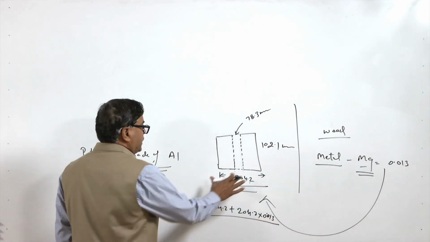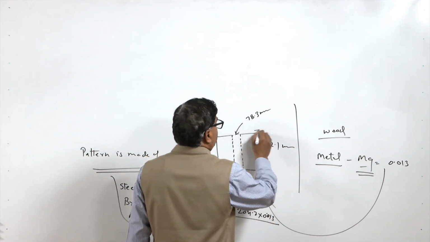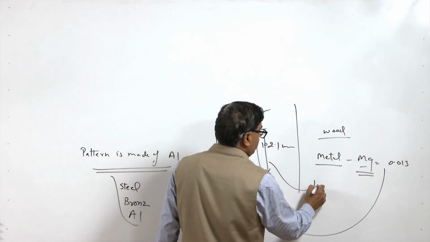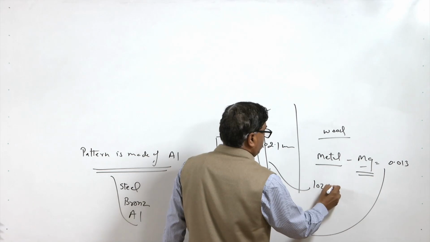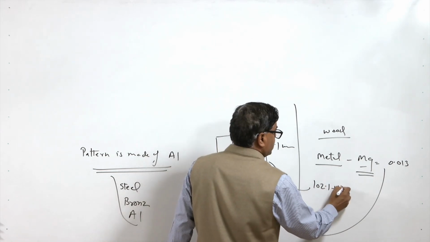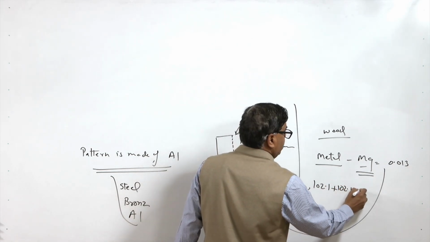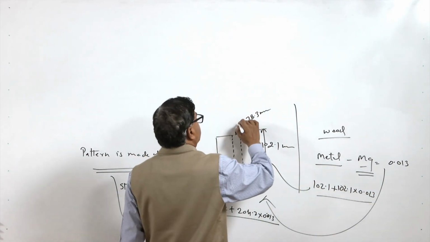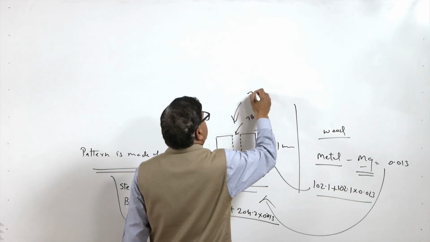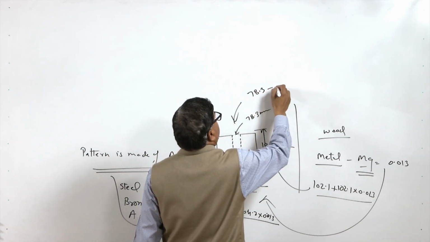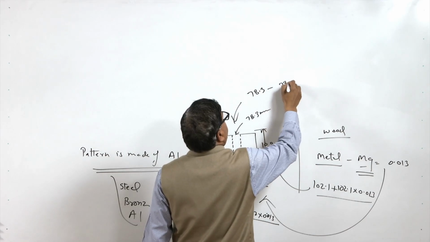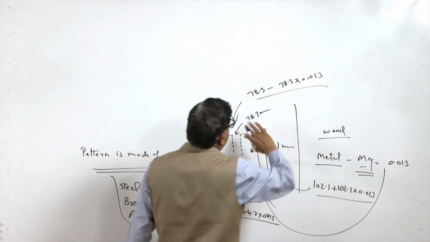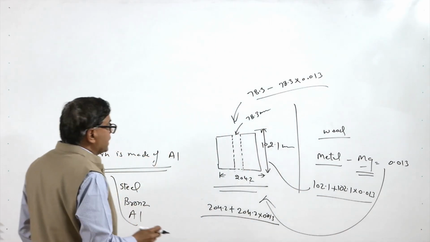So, this is how this dimension will be revised, and then again this dimension needs to be revised using 102.1 plus 102.1 multiplied by 0.013, and this whole is to be reduced further. So, 78.3 minus 78.3 into 0.013. So, this is how all three dimensions will be revised in this case.